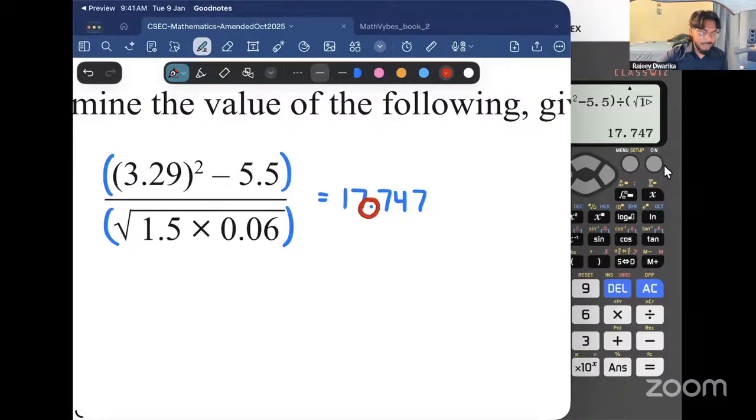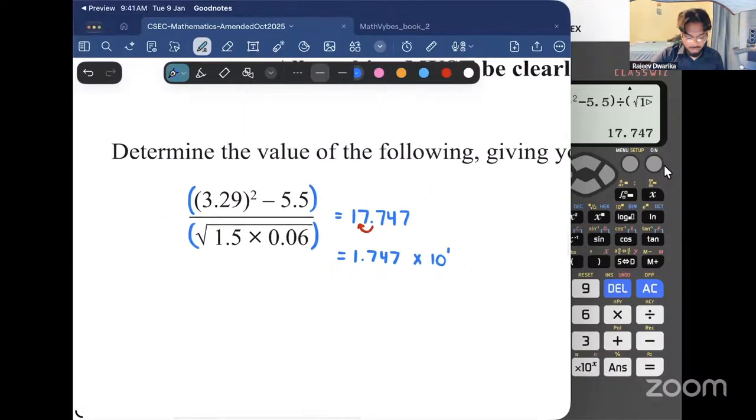So is this decimal place before the first significant number right now? No, sir. It is not. So we have to shift it to the left or to the right? Left. Yeah, the left. Because 1 is the first significant number. So if I do that, I'm now going to end up with 1.747, and I would multiply that by 10 to what power? 1. Yeah, 10 to the power 1. Is everybody alright with that question? Yes, sir. Cool.